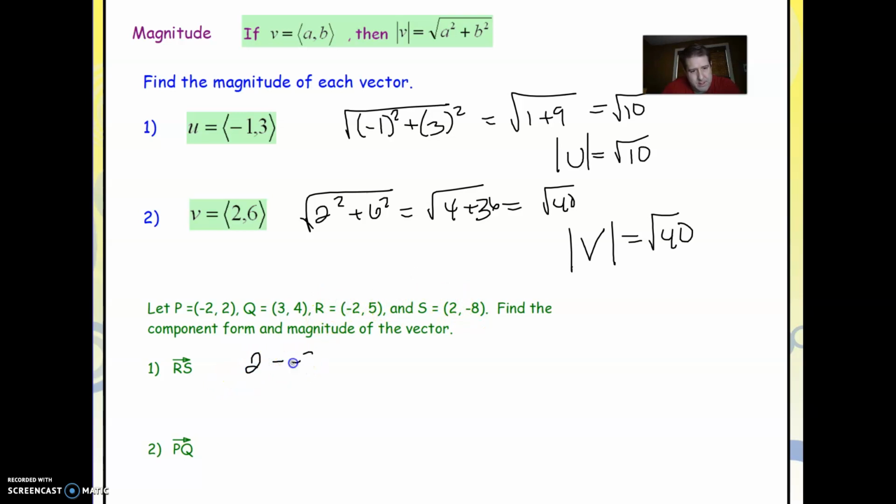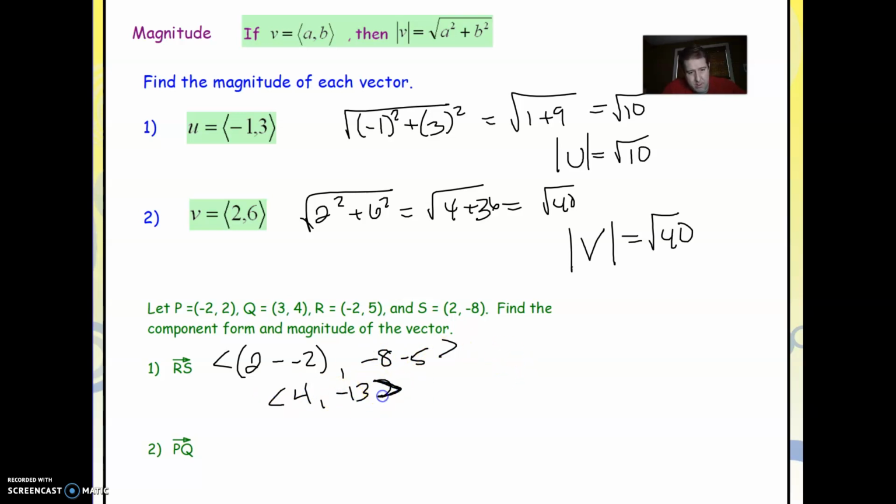So 2 minus negative 2, and then negative 8 minus 5. So we now have 2 minus negative 2 is 4, comma, negative 8 minus 5 makes negative 13. So there's our vector.